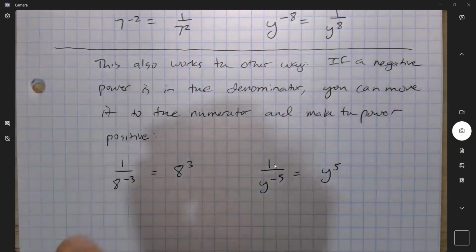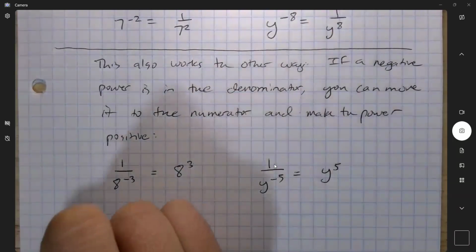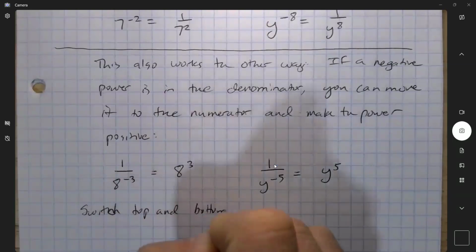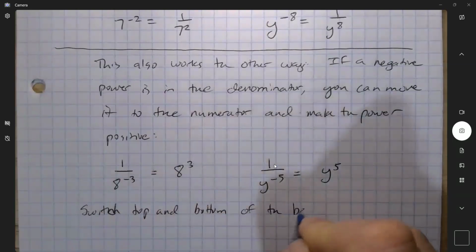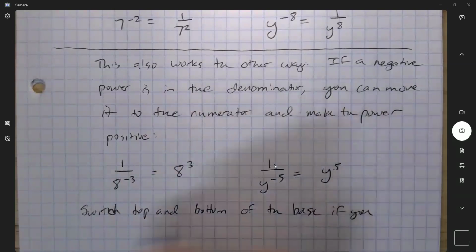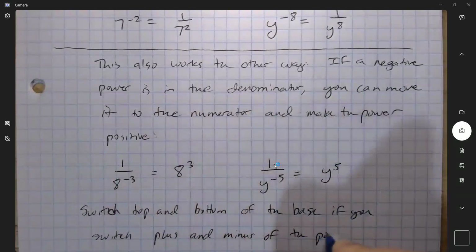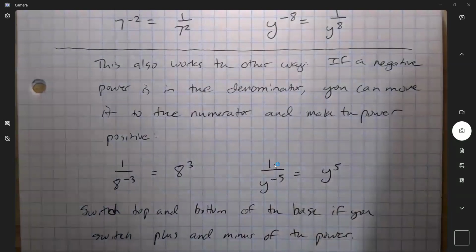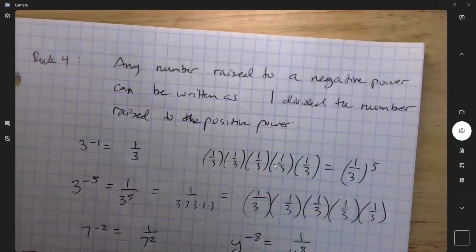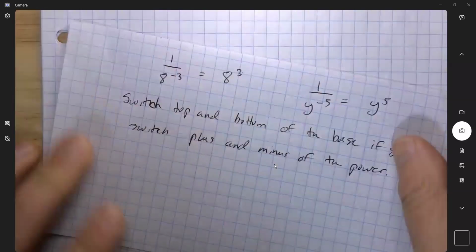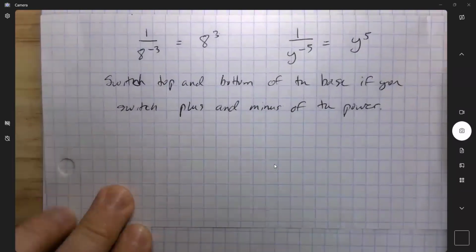So putting these two rules together, you can switch top and bottom of the base if you switch plus and minus of the power. That's not the most mathematically precise way to state this rule, but I find it maybe easier to remember.